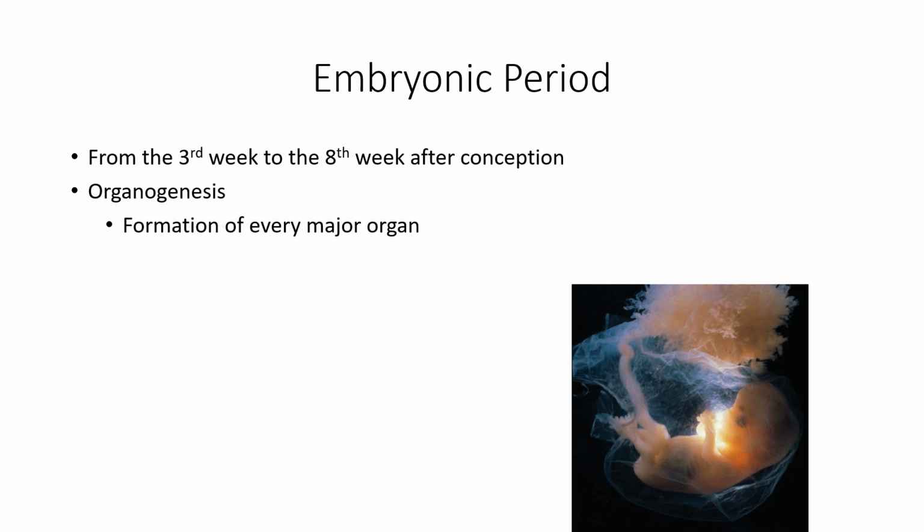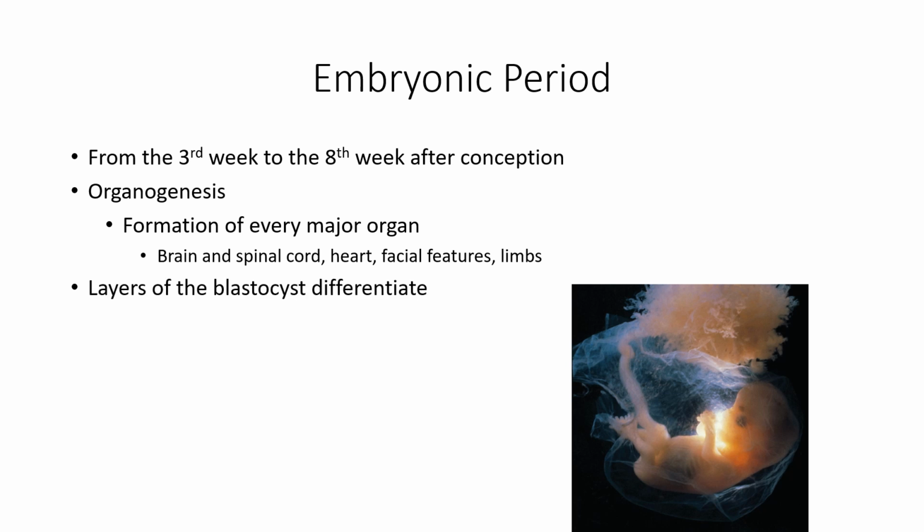So you've got formation of every major organ: brain, spinal cord, heart, facial features, limbs, all of the major ones. The layers of the blastocyst start to differentiate into layers of things like the skin. And during this time you get sexual differentiation. So if you've got something that can test it, you can start to see by the end of this period.